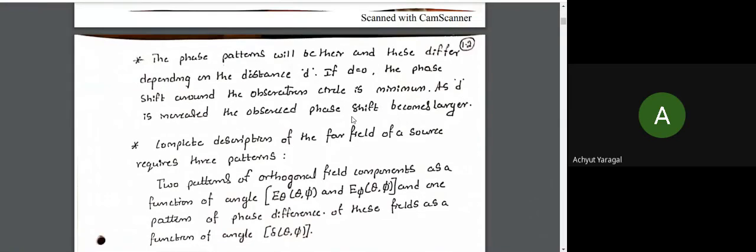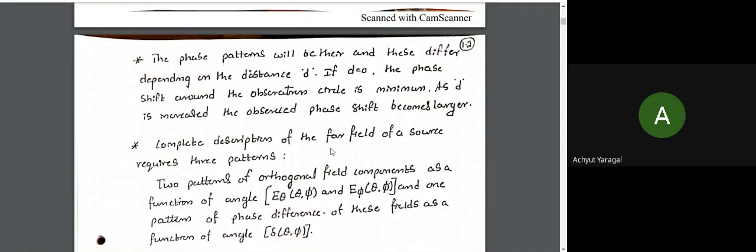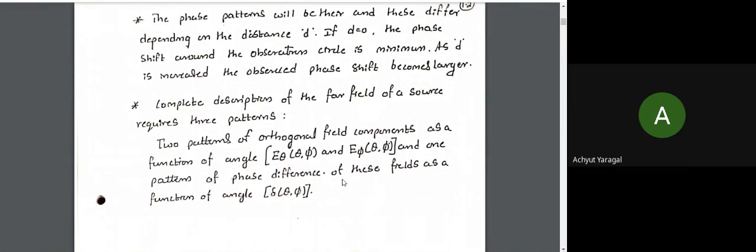If we wanted to describe a particular source in the far field, there are three patterns which we need to understand. One pattern is the field pattern concerned with E theta, and the second one is E phi.